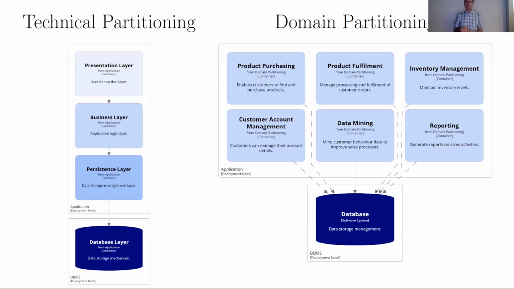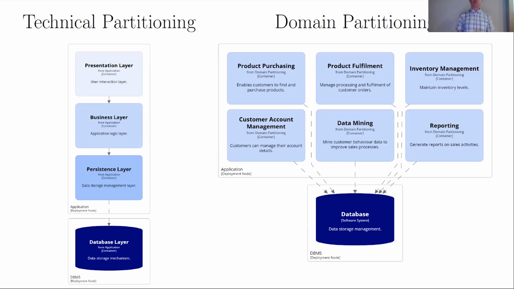And so an example, say from our Sahara e-commerce example, could be things like, well, things that are important to an e-commerce system is providing support for purchasing, and then fulfillment of purchases and orders, and then managing our inventory, and then managing customer accounts, doing all the data mining, generating reports, are all different potential things that are of importance. So you might design your architecture around those problem domains.